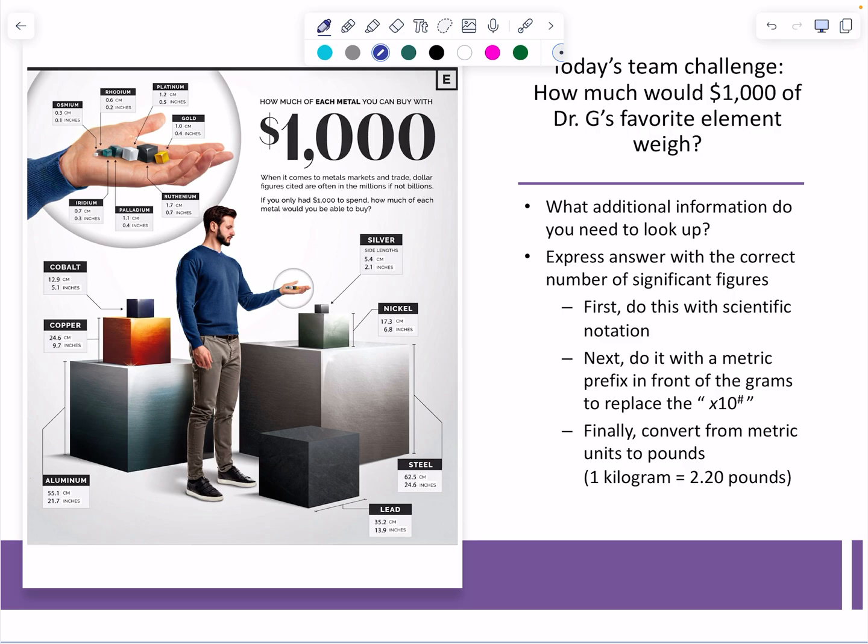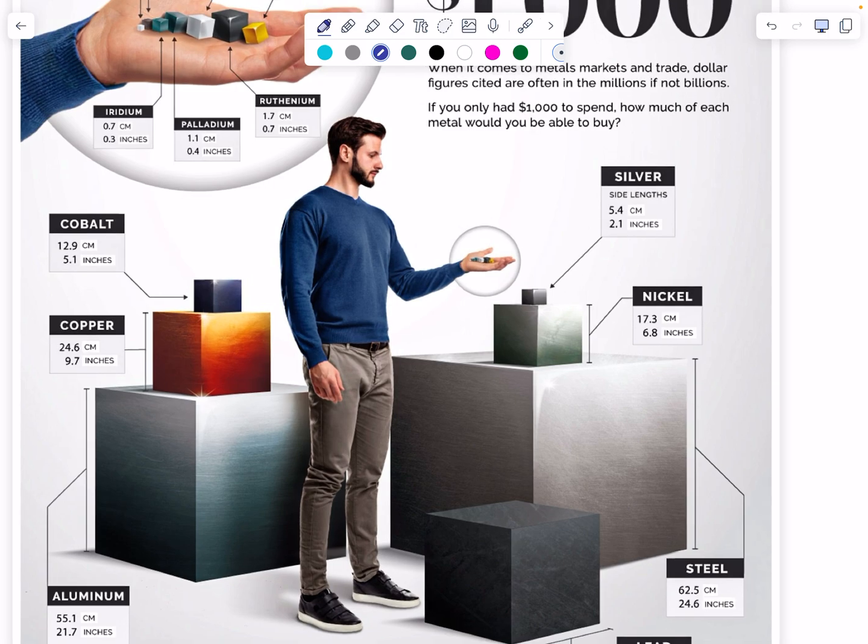So you can see that the things that we consider more precious, like silver, are these tiny little bits, and lead and aluminum are much cheaper. In this infographic, you have two pieces of information. You are given the size of the cube, and you're given the material it's made of.